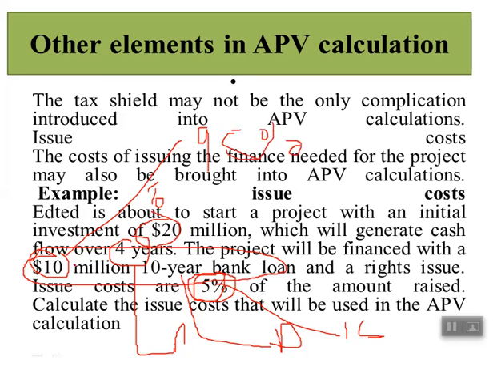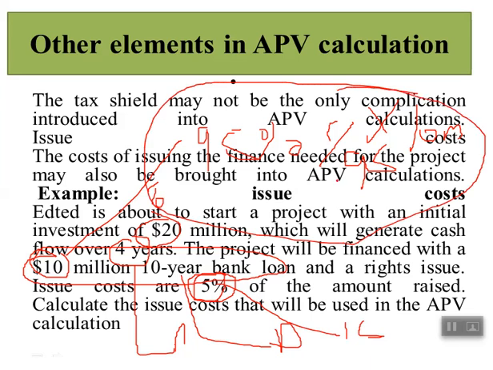This 10 million is representing 95%. So you are looking at 5% of the 95 times the 10 million, then you can get the issue cost. So that will be the issue cost to consider in your debt.